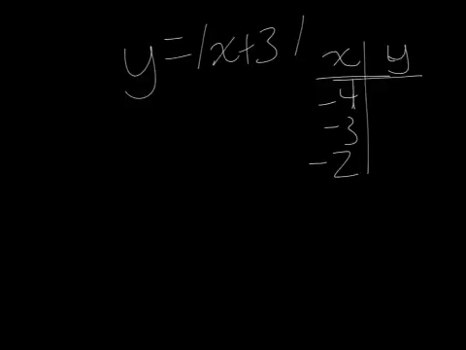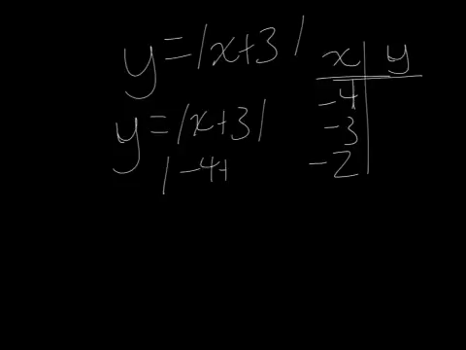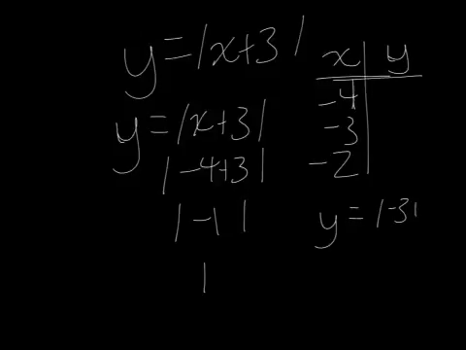So for negative 4, we get y is equal to the absolute value of x plus 3. So we put in a negative 4. Negative 4 plus 3 is going to be a negative 1. And the absolute value of negative 1 is going to be 1. If I put in negative 3, I'm going to get negative 3 plus 3, which is 0. The absolute value of 0 is going to be 0.